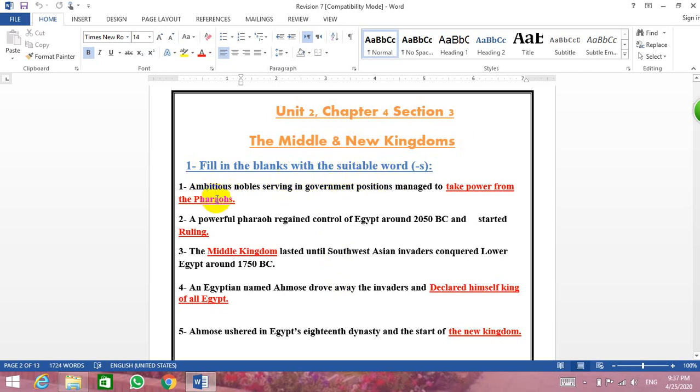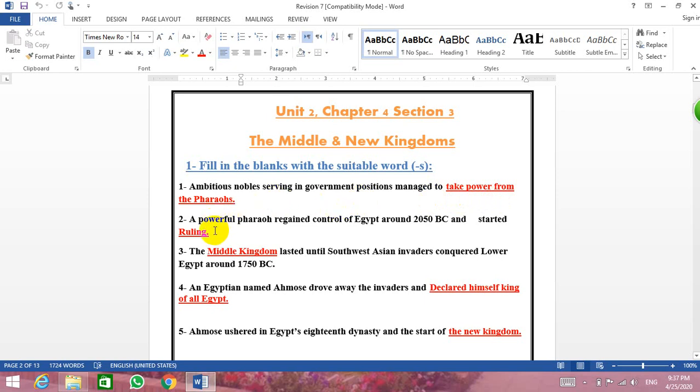Number 1, ambitious nobles serving in government positions managed to take power from the pharaohs. So the answer is underlined and highlighted in red. Okay, so the answer is take power from the pharaohs.